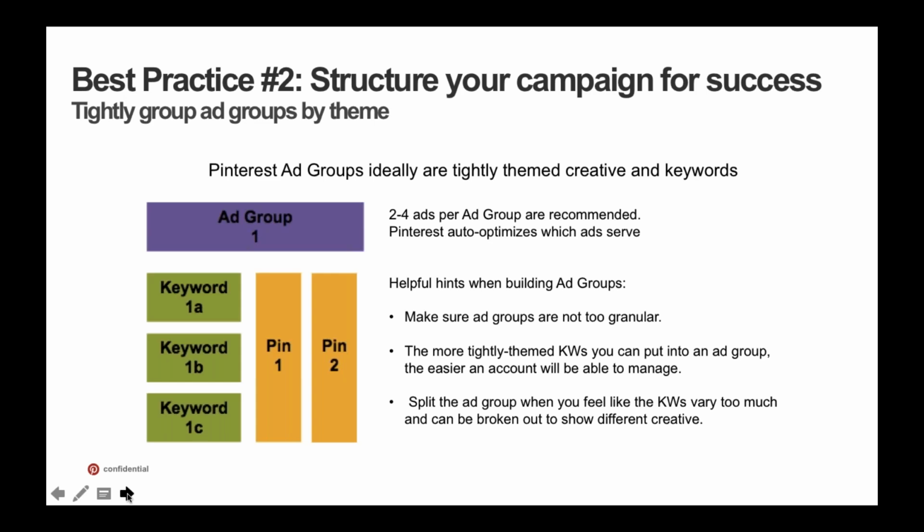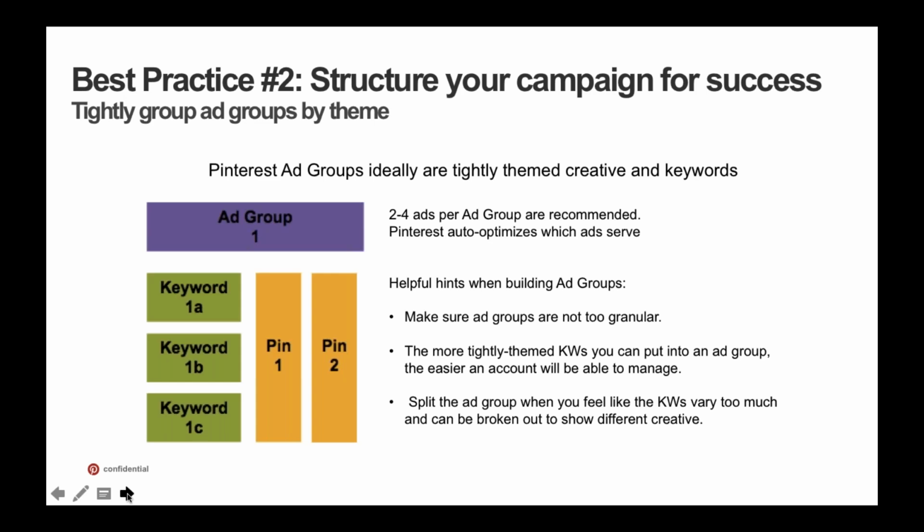We recommend no more than 4 ads per ad group, and definitely recommend a minimum of 2 pins, so 2 to 4 pins per ad group. The reason for a minimum of 2 pins is the visual nature of the creative. If you put only 1 pin into an ad group, it may resonate well with pinners, it might not.